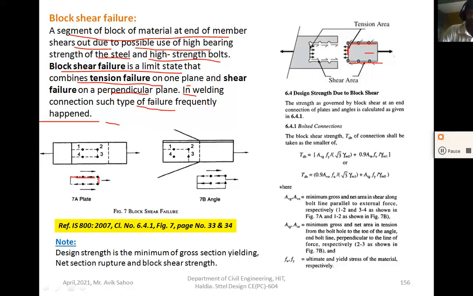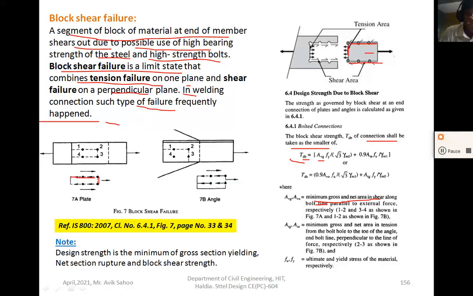Now you see that the block shear strength of a connection shall be taken as the smaller of these. Here Tdb means the design tensile strength of block shear, equal to Avg. Avg is the minimum gross and net area of the shear along the bolt line.